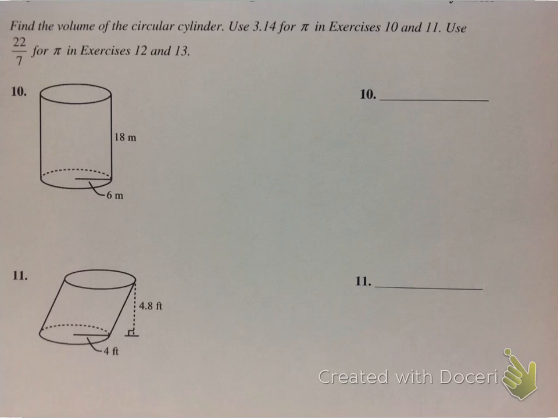So now let's look at a cylinder. Recall the formula from the first key terms, or you can think of your area formula. The area formula starts off pi r squared, and for volume we multiply in the height.